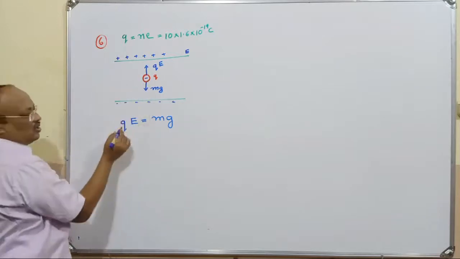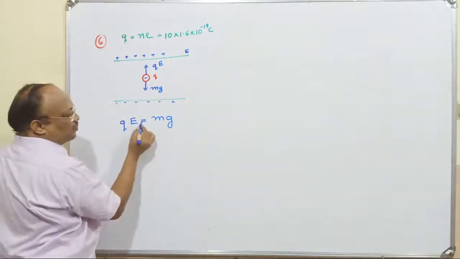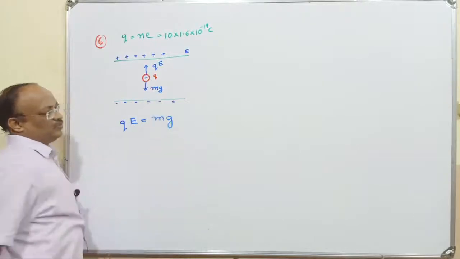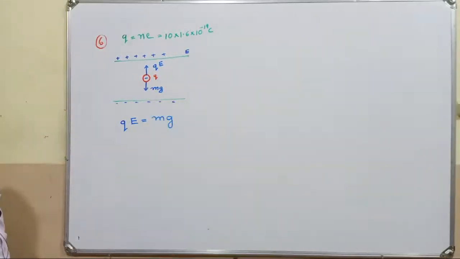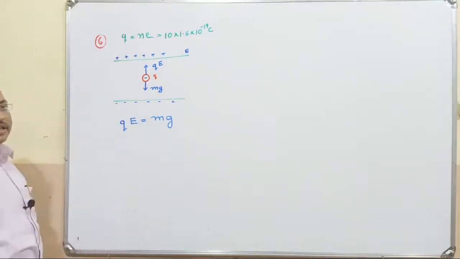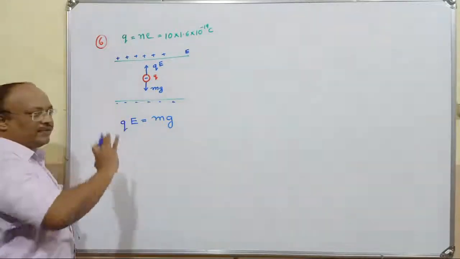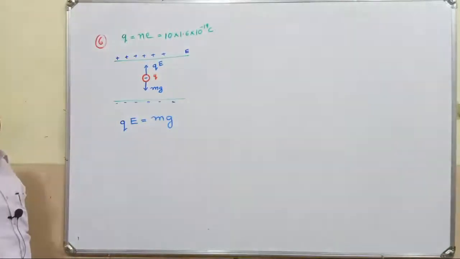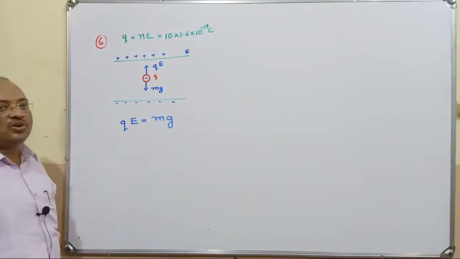So to balance this, QE must be equal to mg. If they would have given the electric field, then it is very easy. But they are asking us to find out the voltage.